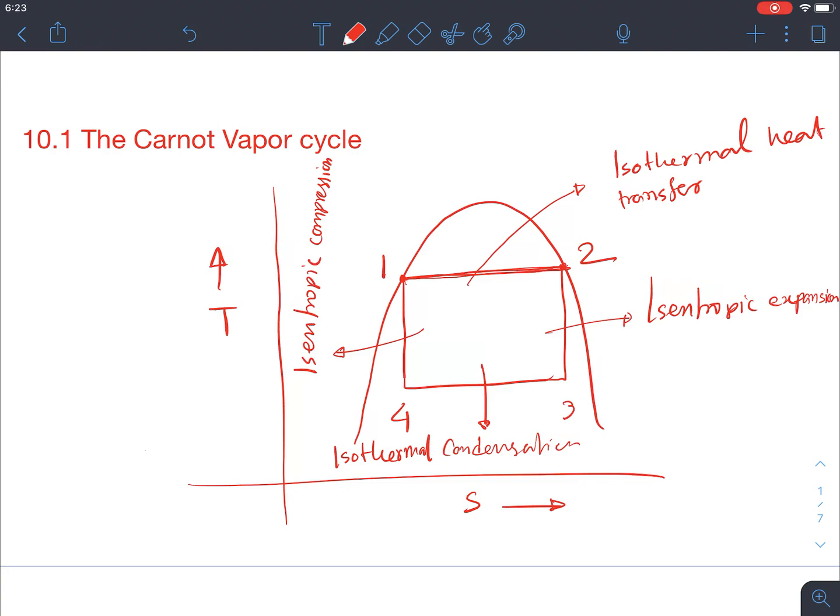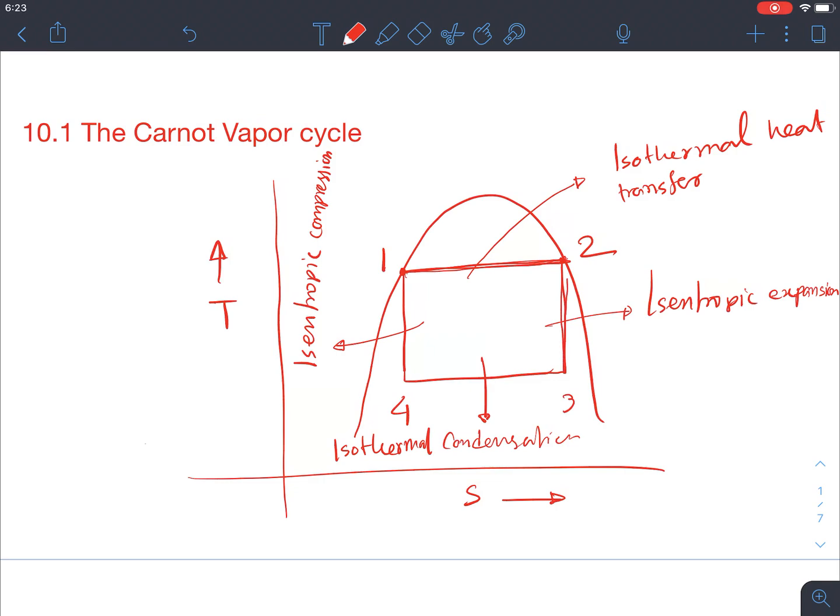Another challenge is the isentropic expansion, 2 to 3. Here, the turbine cannot handle moisturized or saturated vapor, because the turbine blade will deteriorate due to the impingement of that saturated vapor, right?